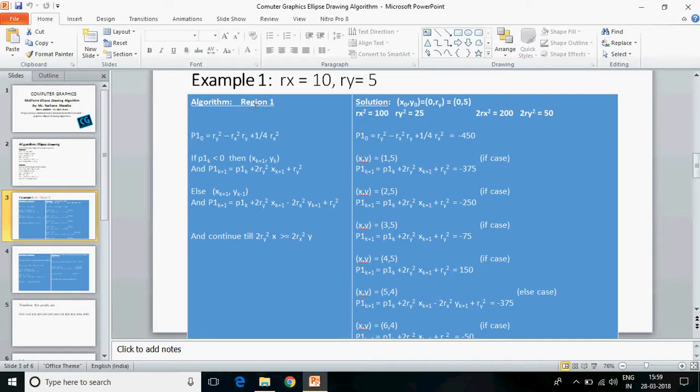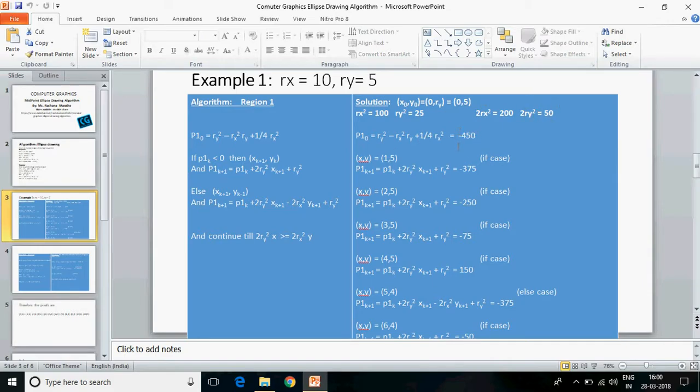So substitute Ry square, Rx square into Ry plus 1/4 of Rx square. All the variables that you can see here, the values are available here: Rx square, Ry square, 2Rx square and 2Ry square.